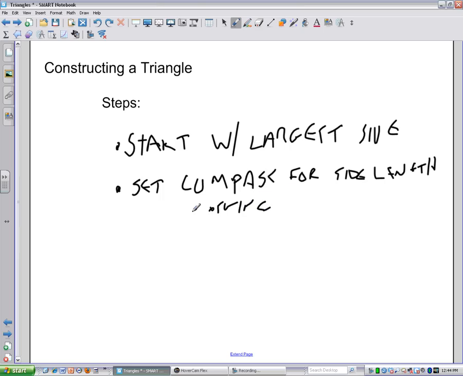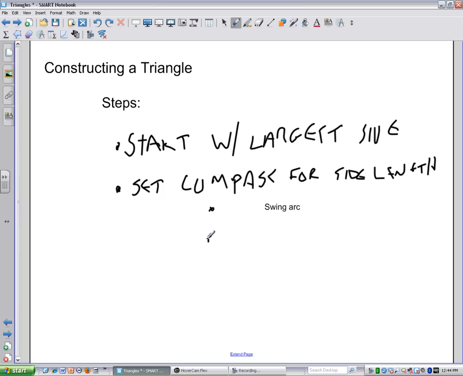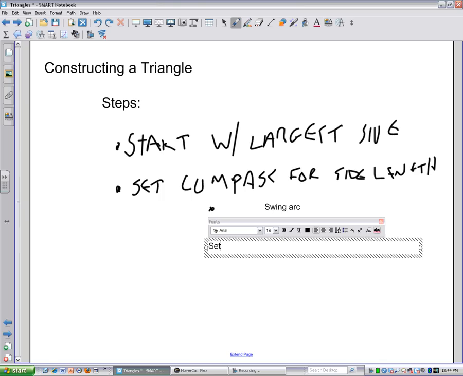Let's try this. Undo, undo, undo. Okay, let's just start typing. Swing the arc. Okay, so we swing the arc. And then from there, we're going to set the compass to the other side length.